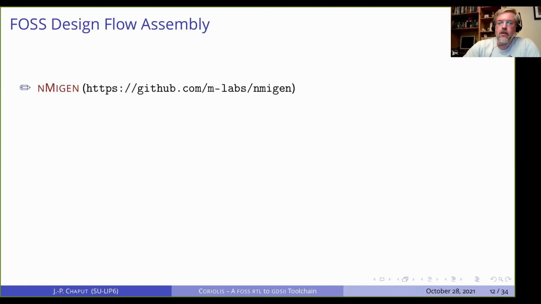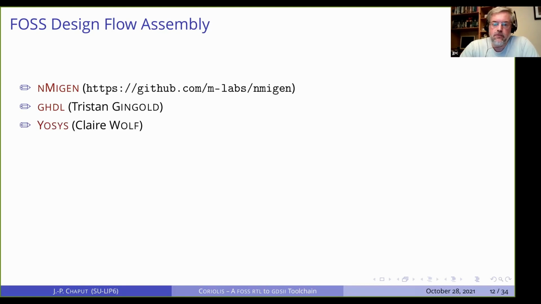So a little detail about the design flow assembly that was used especially for the LibreSOC design. It was done with nMigen for the HDL part, the hardware description language. GHDL was not exactly used in this context, but we still use it for VHDL simulation.